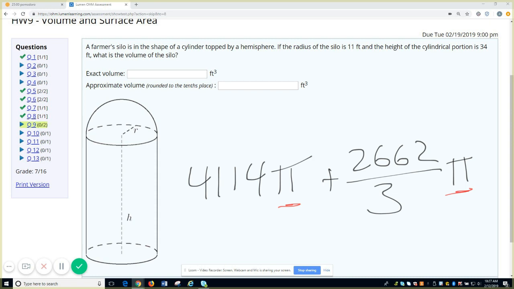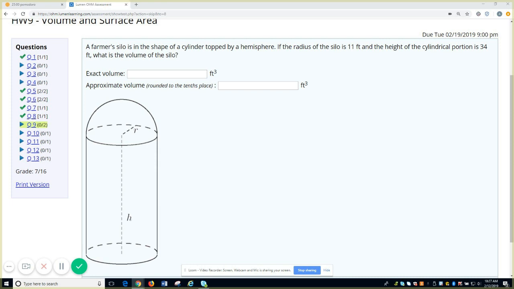So then I would need the same denominator as this second fraction. But to get the denominator of 3, I also need to multiply this numerator by 3 to keep that balance. So my volume for the cylinder now becomes 4,114 times 3, which is 12,342.